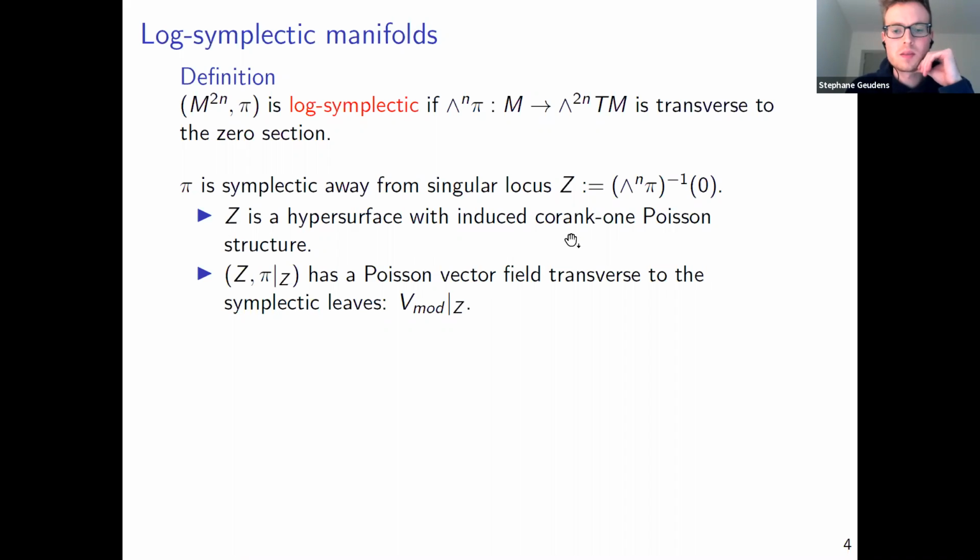This corank 1 Poisson structure is a bit special because it has a Poisson vector field transverse to the symplectic leaves. This vector field is obtained by taking a modular vector field on M and restricting it to the singular locus. Modular vector fields are tangent to Z, and they are also transverse to the leaves.